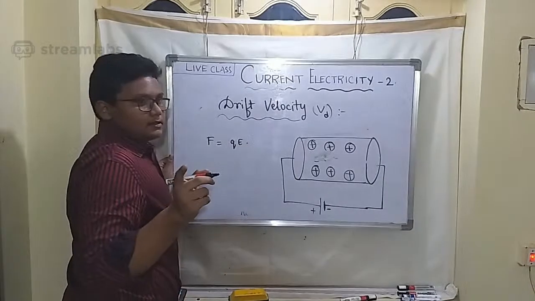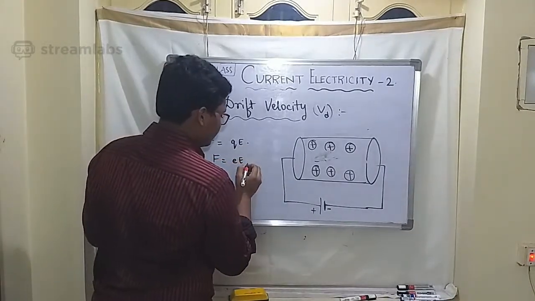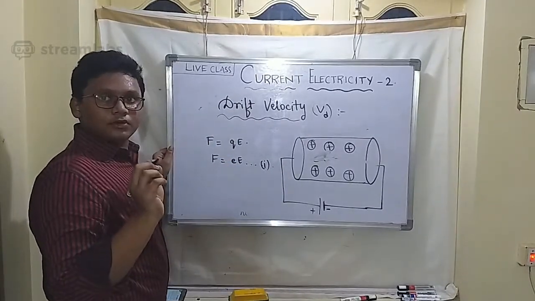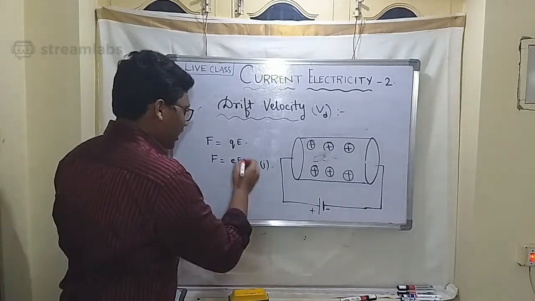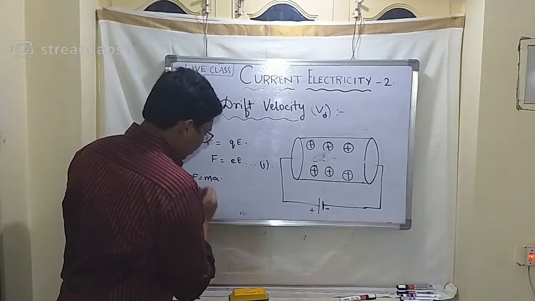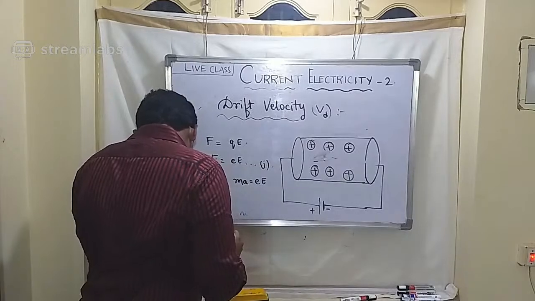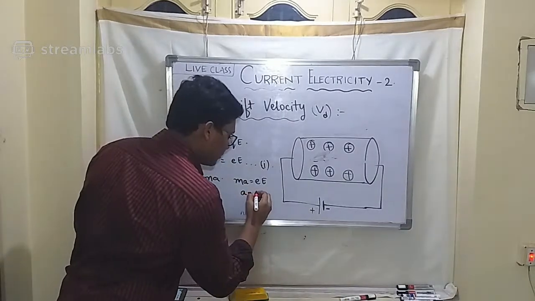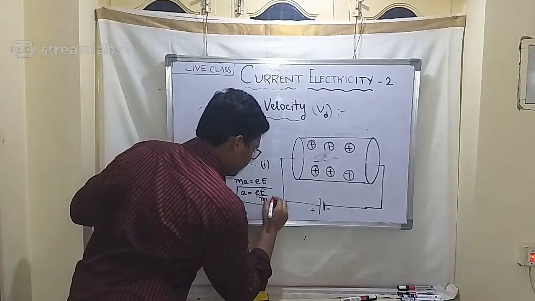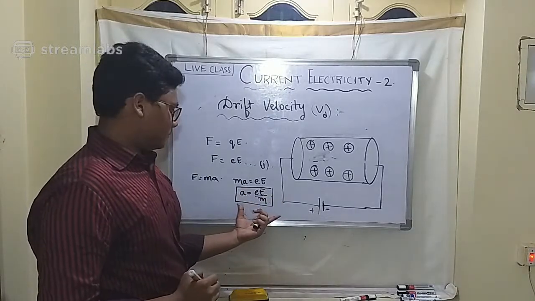In electrostatics, I will explain that in the next chapters. qE, we'll get the first equation, keep it in mind. And F is equal to ma, we know another one. Then ma is equal to eE, and a is equal to eE by m.